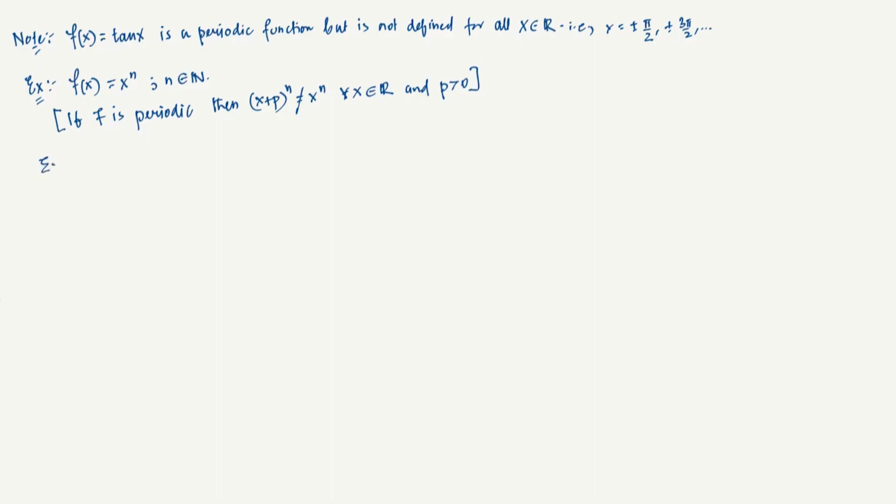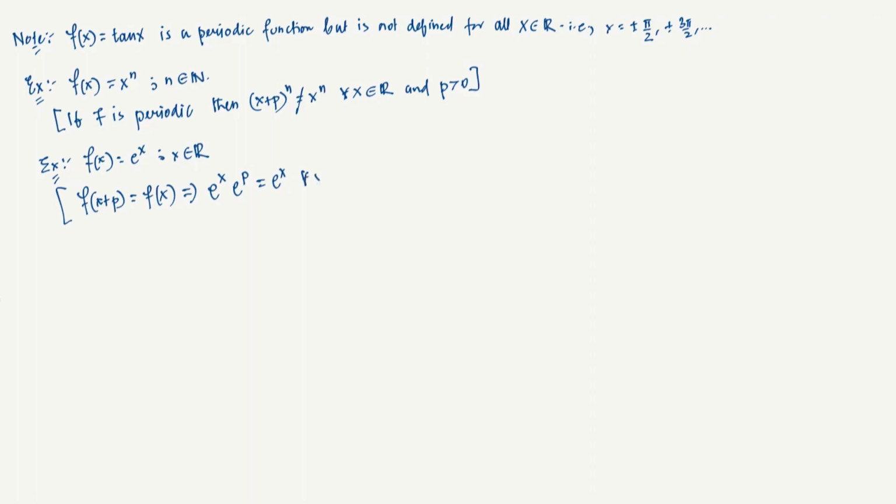And of course, another very important fundamental function is exponential of x, where x is in R. Let's say it is periodic of period p. Then f of x plus p has to be equal to f of x, which implies that e power x plus p, which is e power x times e power p, equals e power x.